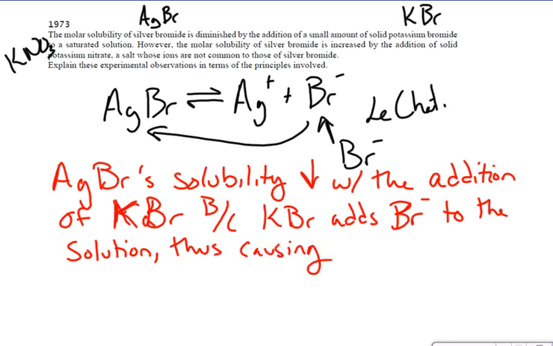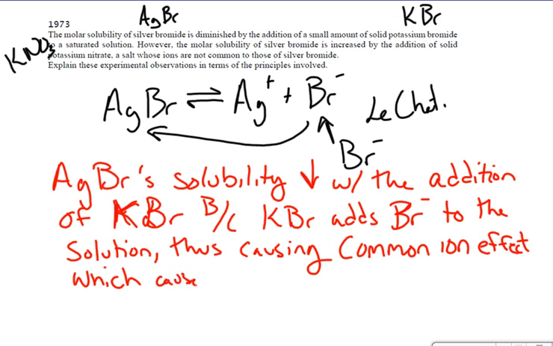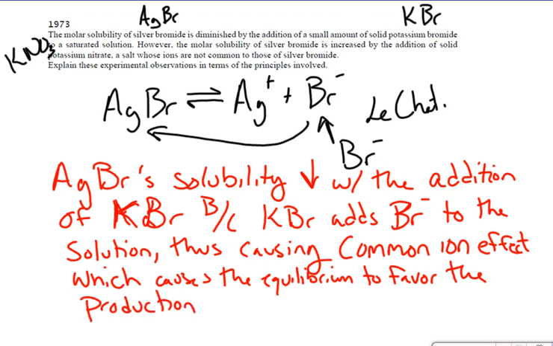thus causing, and the big word there, when you add an ion that you have in common with your insoluble salt, you call it the common ion effect. Causing the common ion effect, which causes the equilibrium to favor the production of more silver bromide.